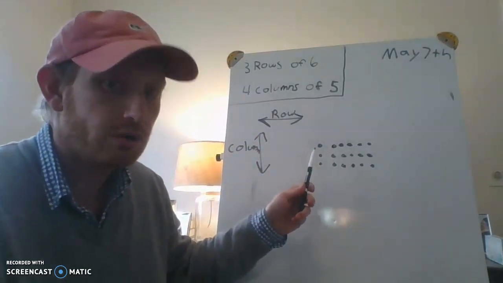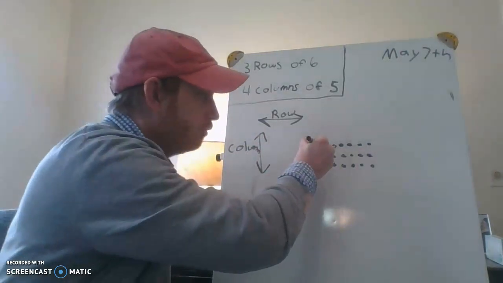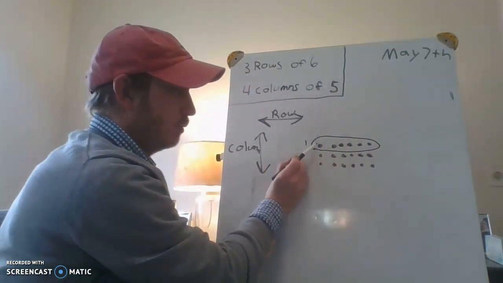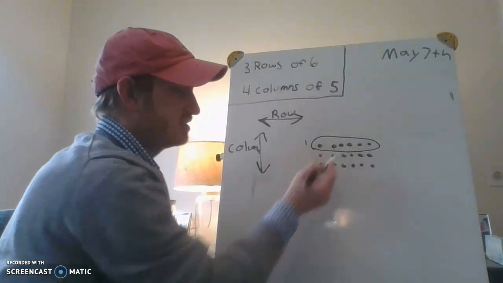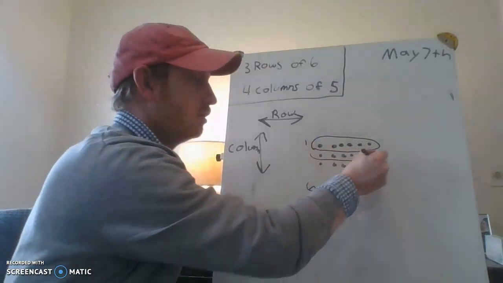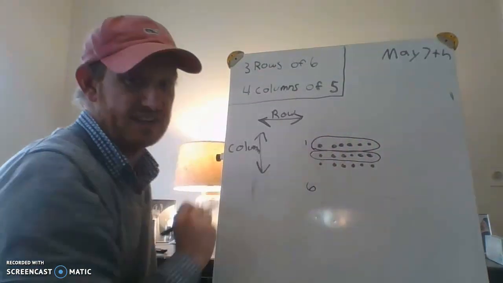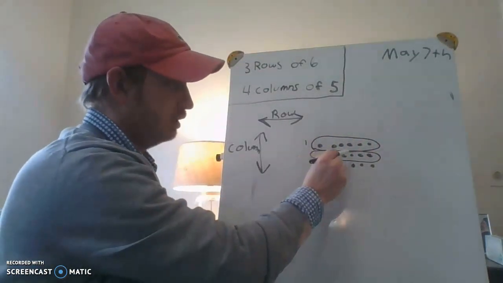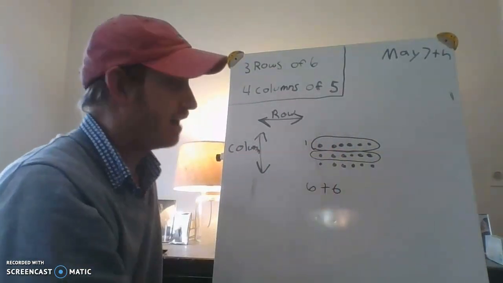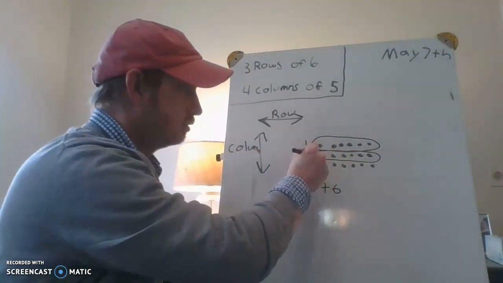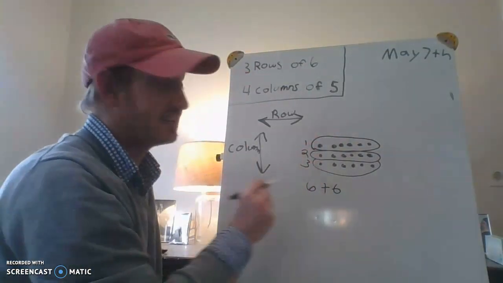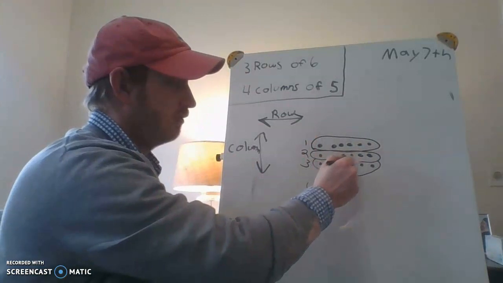When you look at our array, you'll see that we have one row with 6 in it, then a second row with 6 in it again, and then our third row with 6 in it.